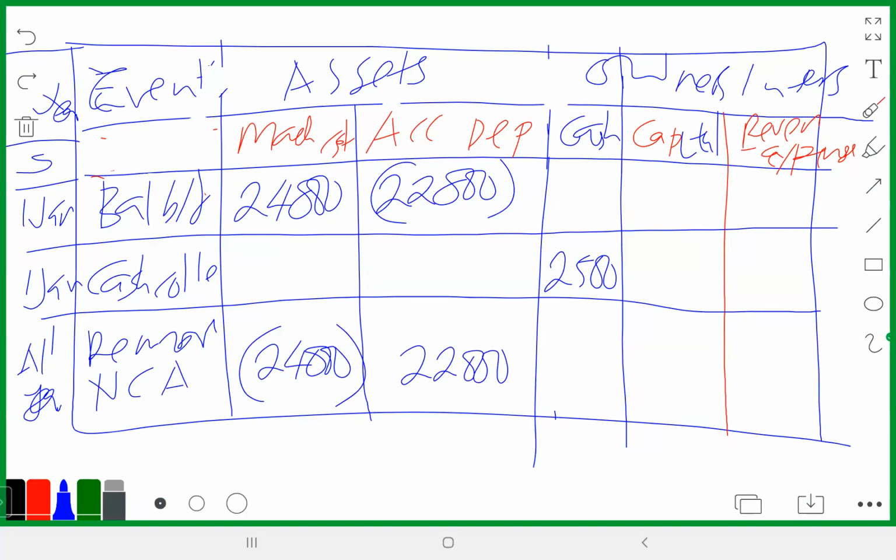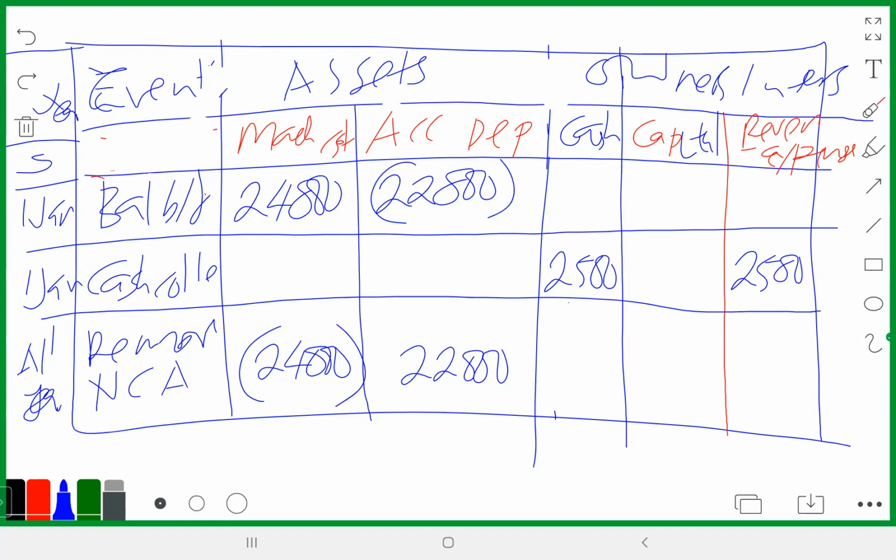Now the same cash that we have will be the same amount that we have on the revenue minus expenses part of the income statement. You'll have this cash, 2,500, the sale of that asset, the cash that you have collected. It's more like the format that is there in the notes as well.